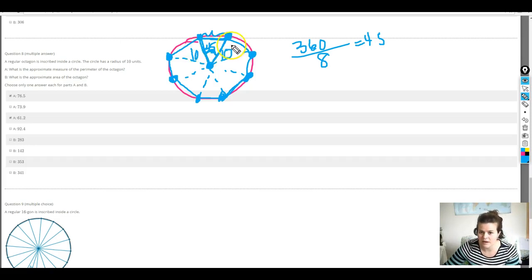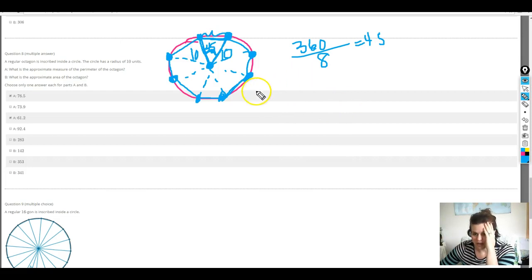Since I'm looking for this side length opposite my angle, and I have the 2 adjacent sides to my angle, I can use the law of cosines. So I'm going to remember the law of cosines by thinking of, do I have side angle side, and am I looking for the side opposite my angle, which is right here? So yes.